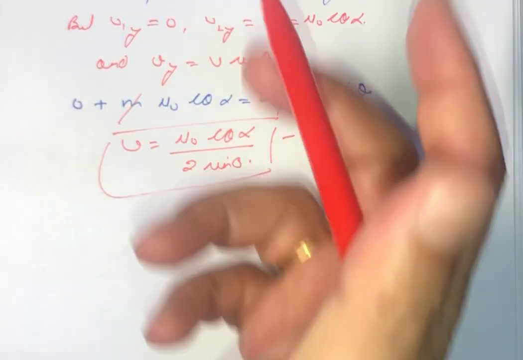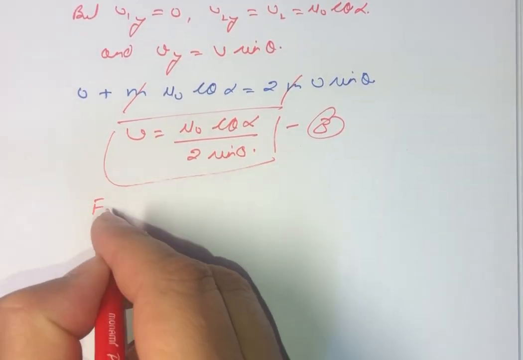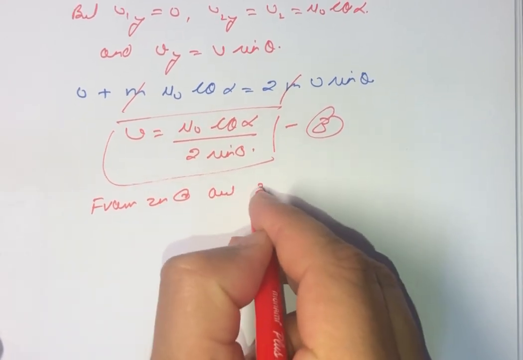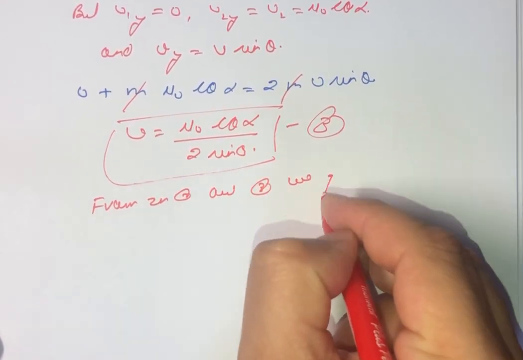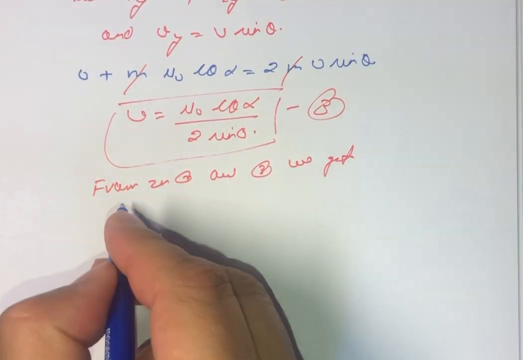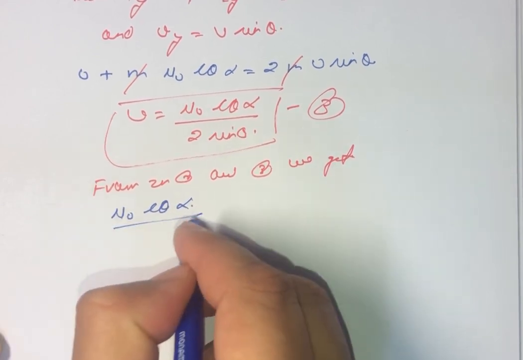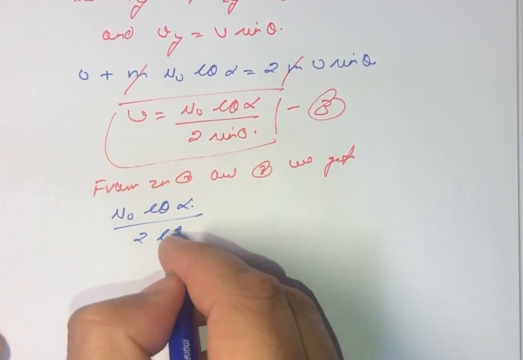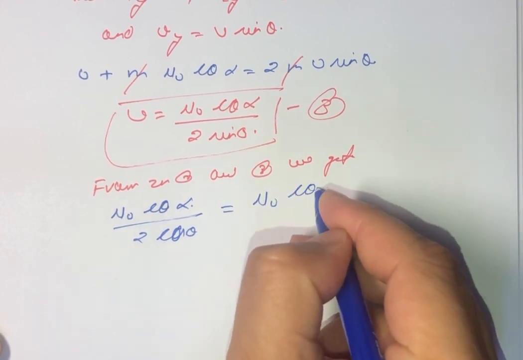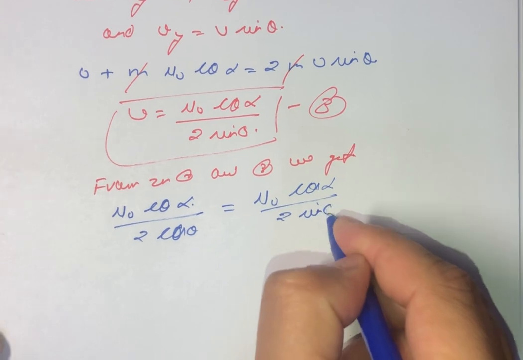So from equation 2 and 3, we get u naught cos of alpha divided by 2 cos of theta is equal to u naught cos of alpha divided by 2 sine of theta.